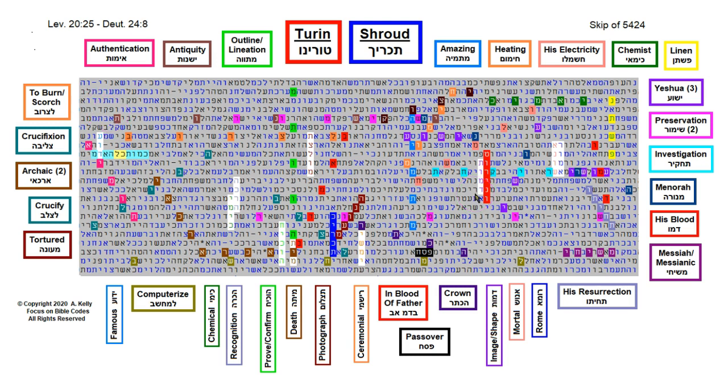And here is the word image, and it's right parallel on the left side of Turin. Crucifixion is in this teal lettering, going up diagonal. And then to crucify is here, again in the teal, going up diagonal.